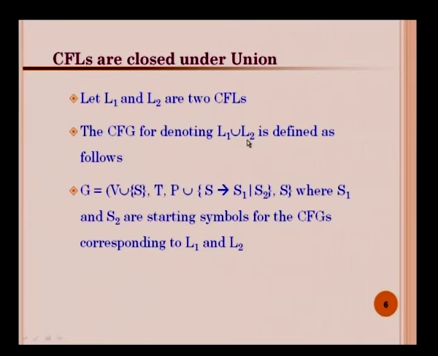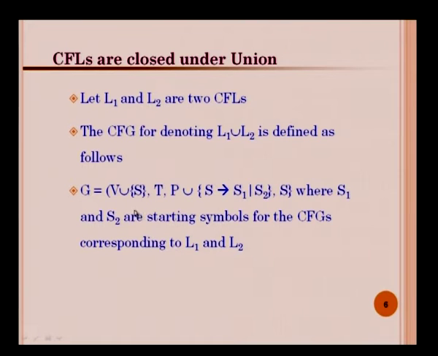So we have to find out what are going to be the four components. The grammar has four components normally: the variable set, terminal set, production set, and the start symbol of the grammar. So here, for the variable set, we already have the variable set of the grammar for L1 and the grammar for L2. So it is going to be your V. V has the variable set from the grammar for L1 and the variable set from the grammar for L2.